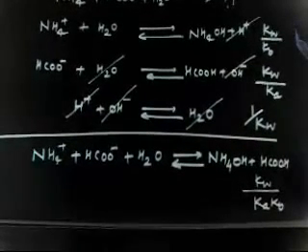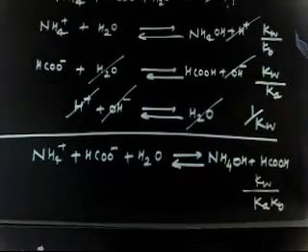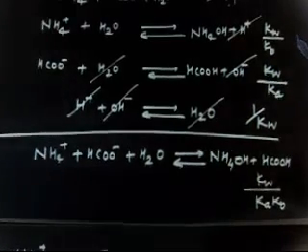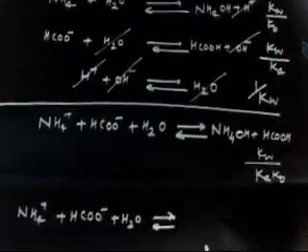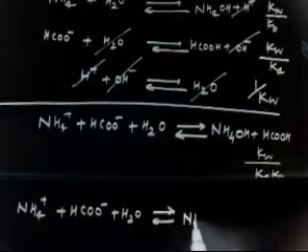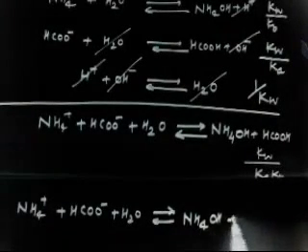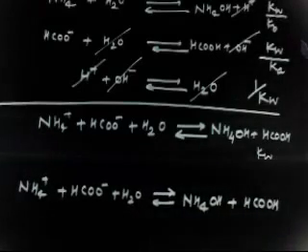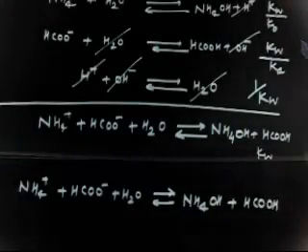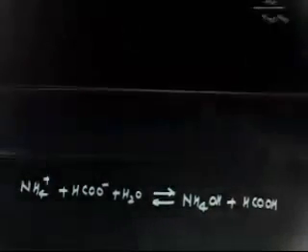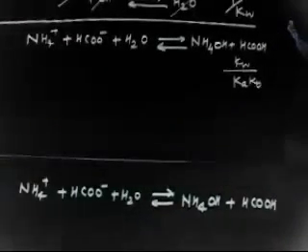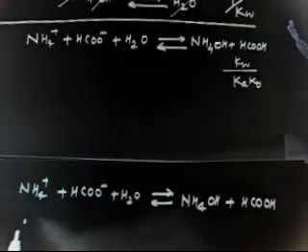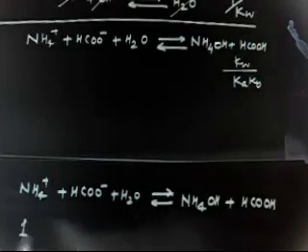So NH4 plus, HCOO minus plus H2O gives me NH4OH plus HCOOH. I know the equilibrium constant for this reaction, Kw by Ka into Kb, that we have derived above. Now the initial concentration of this is 1m, which is given in the question.